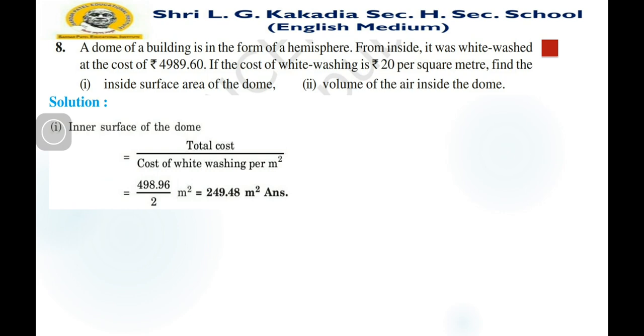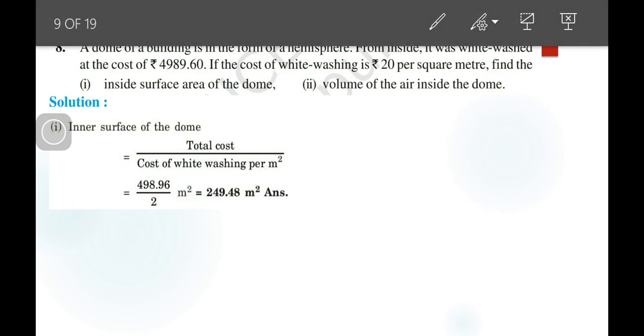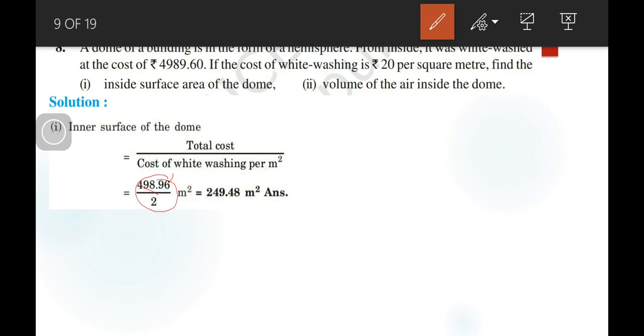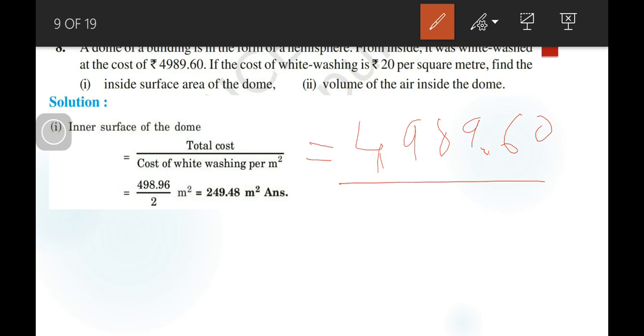So we can find, as we know, the total cost is 4,989.60 divided by the cost of whitewash per meter square, that is rupees 20.